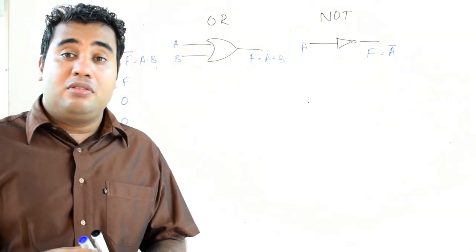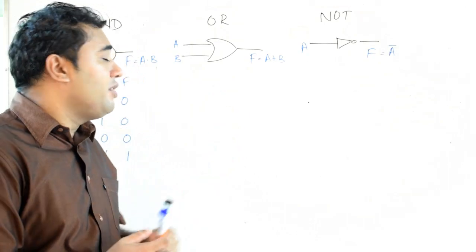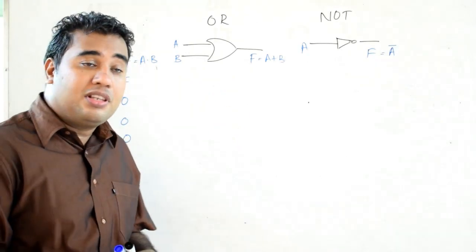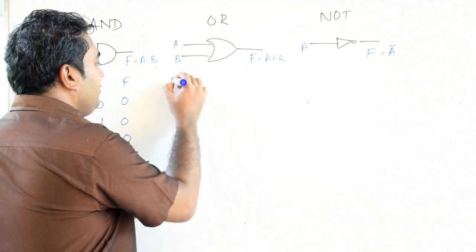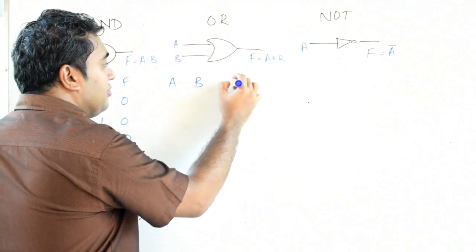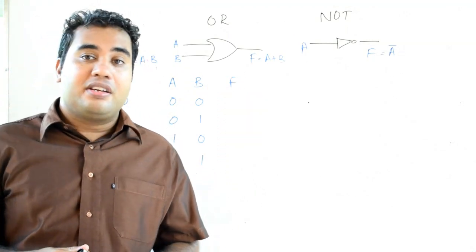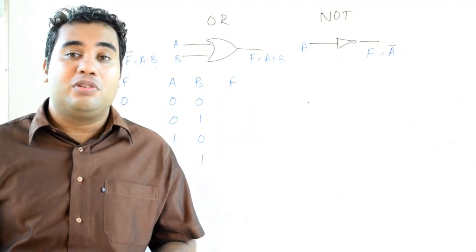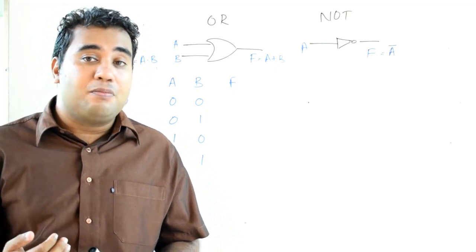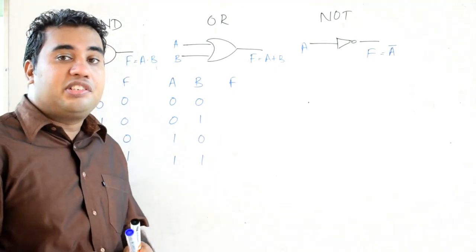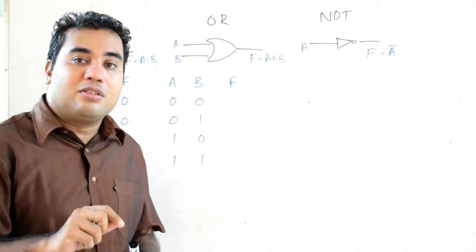So if we try to create the truth table for the OR gate, let's see how it will look. Okay, as we discussed previously, in an OR gate, to get 1 as the output, we need at least one input to be the value 1. So in this first location, both inputs are 0.